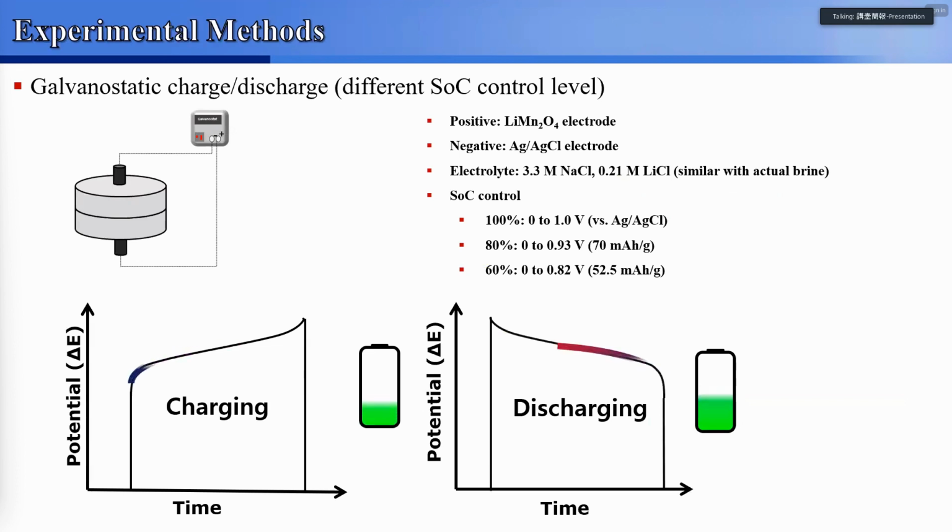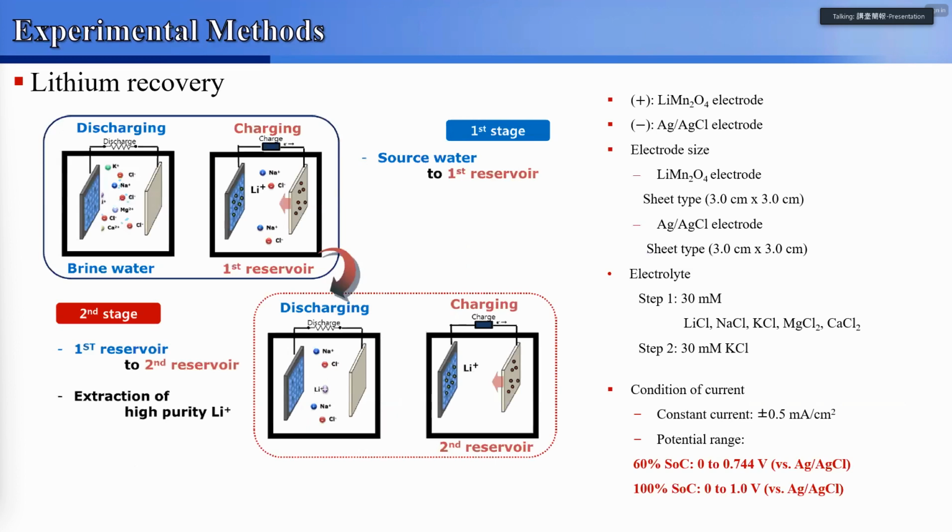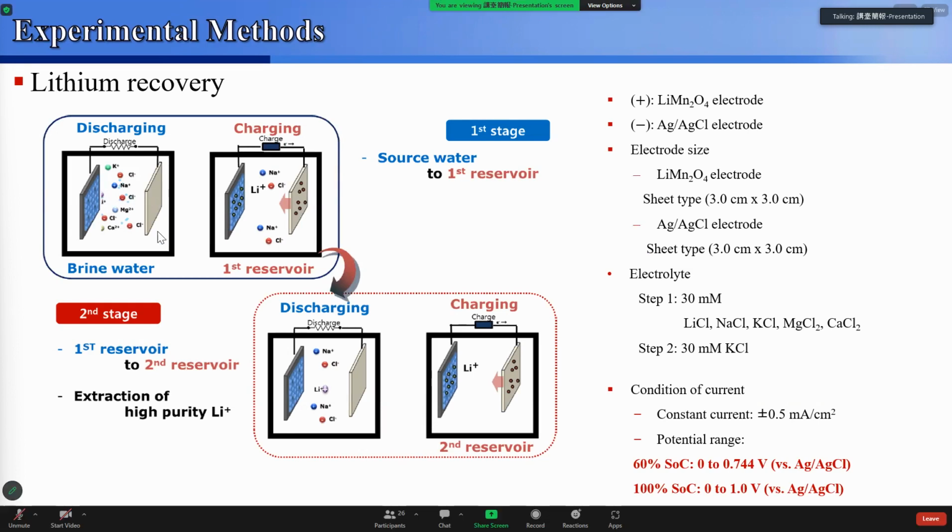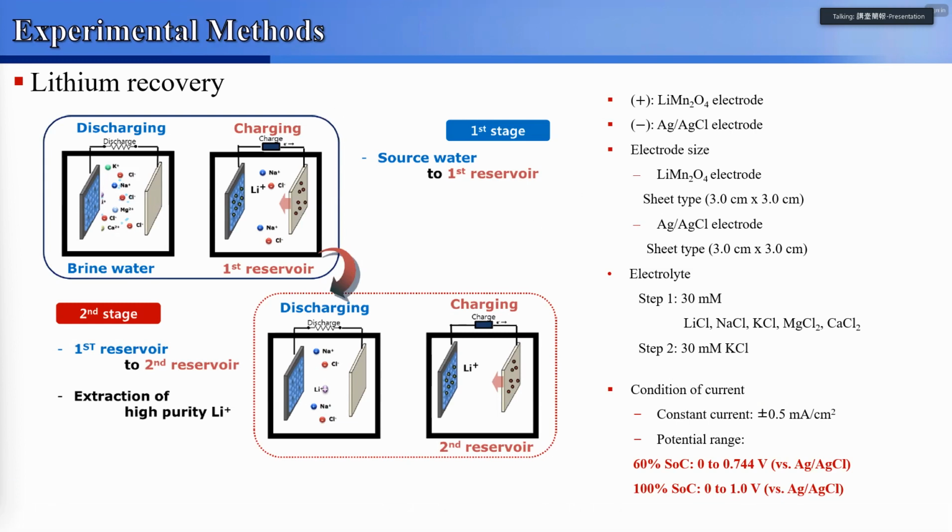This page shows the method of galvanostatic charge discharging at different SOC control levels. I used a positive electrode of lithium manganese oxide and a negative electrode of silver chloride. And SOC is controlled by voltage cut operation. This page shows the experimental method of lithium recovery. There are two steps for lithium recovery.